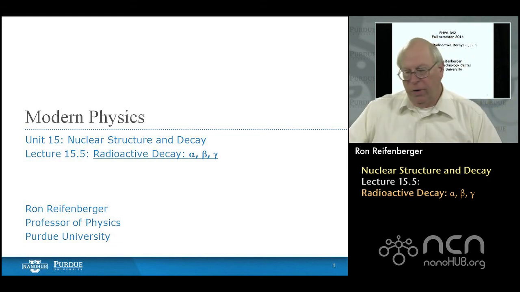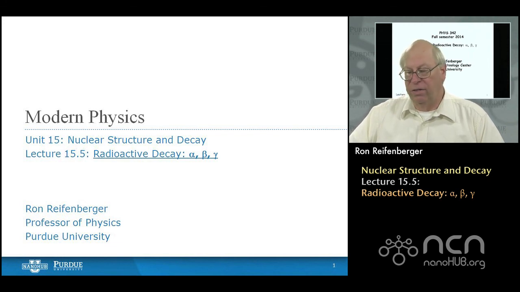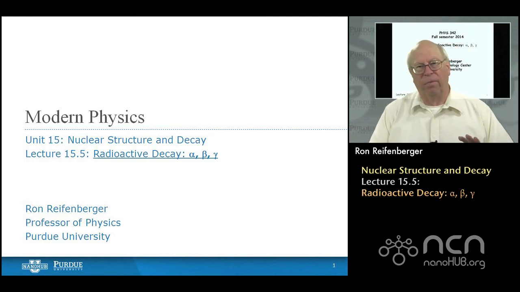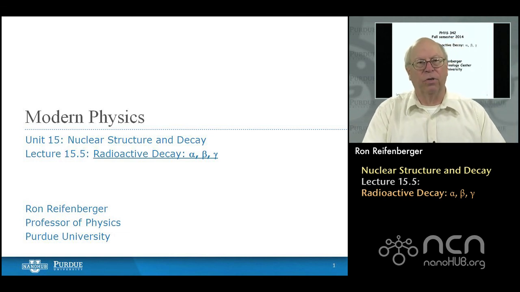So in this lecture, we're going to cover some of the fundamental features that characterize radioactive decay. In particular, we're going to talk about alpha, beta, and gamma emission from radioactive nuclei. I'll say up front, my intention is not to turn anyone into a nuclear physicist, but these radioactive decays are discussed routinely in newspapers, and they're commonly discussed within the forum of nuclear safety.